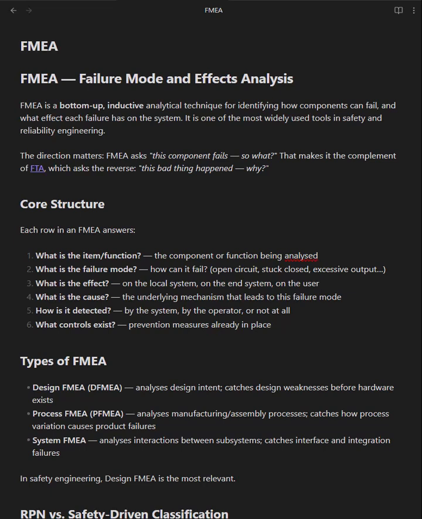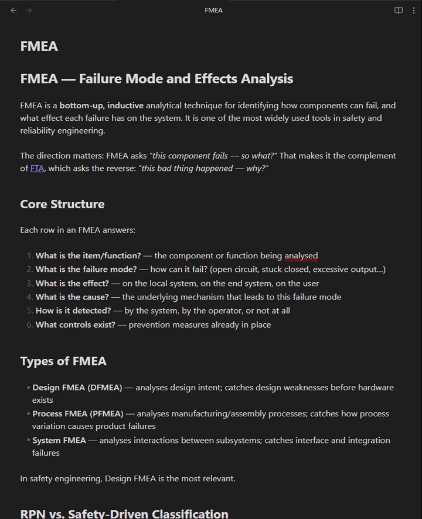We can also look into effects and consequences in terms of safety for the users, in terms of operational criticality, regarding the mission, and some environmental consequences. We look at all these types of effects, and then we look into the causes of that failure mode.